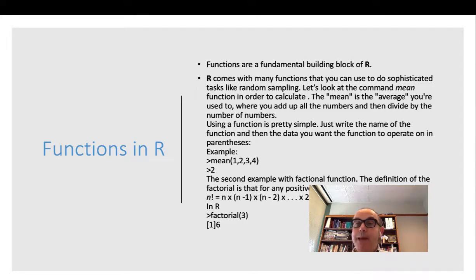have functions already embedded into RStudio. But we can also create our own function and give it a name. An example of a function is the calculation of the mean. The mean is the average.